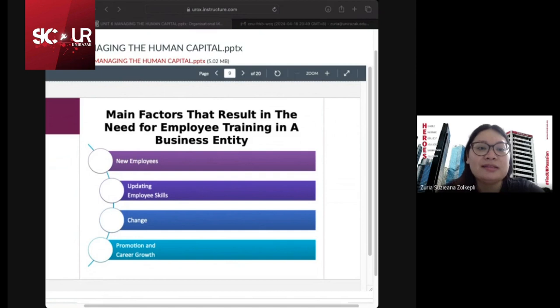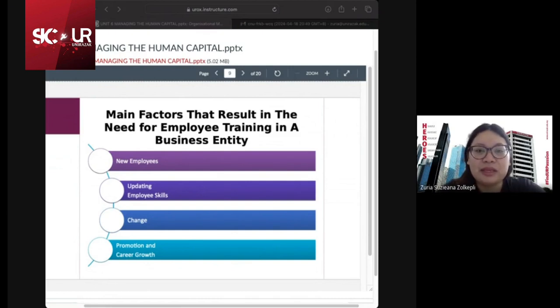Okay, and then next is updating the employee skill. The world is moving, we are learning every time, things are changing rapidly. So it's very important for us to upgrade our skill, right? This is very important because sometimes we are no longer working in an environment that is what we call an outdated or obsolete working environment.